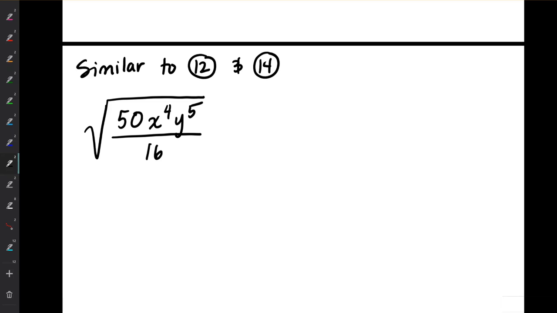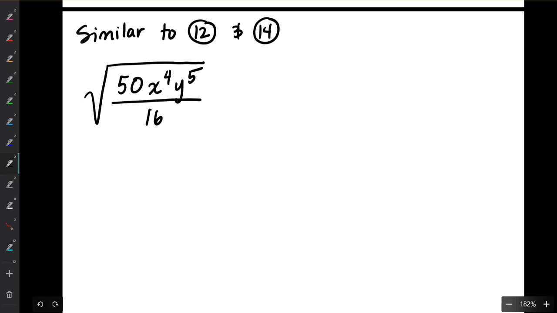All right, so in this problem, I've chosen to do a square root. Make sure you pay attention to that. If it's a cube root, you're looking for perfect cubes. If it's a fourth root, you're looking for perfect fours, but I've chosen to do a square root.